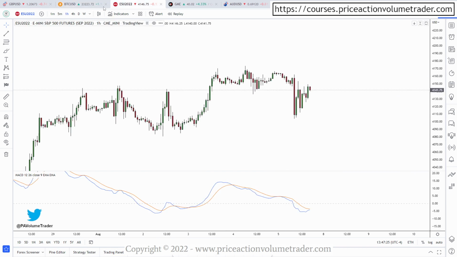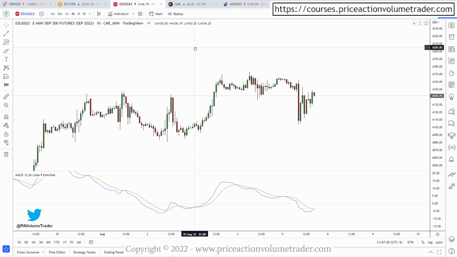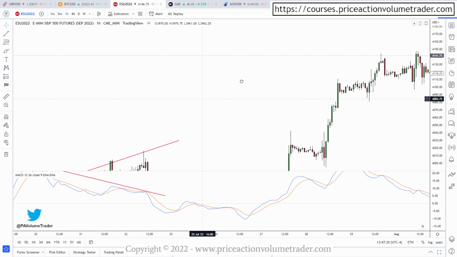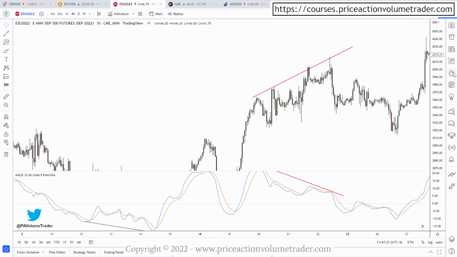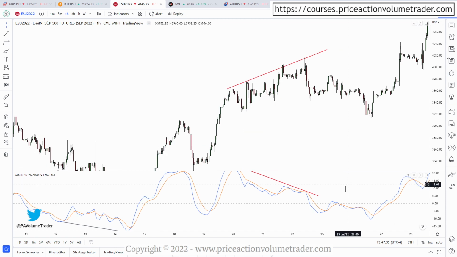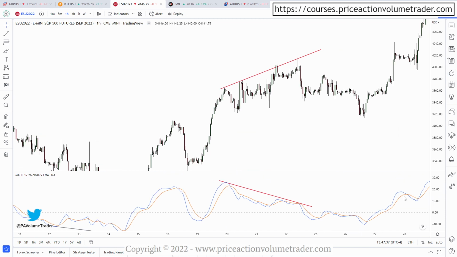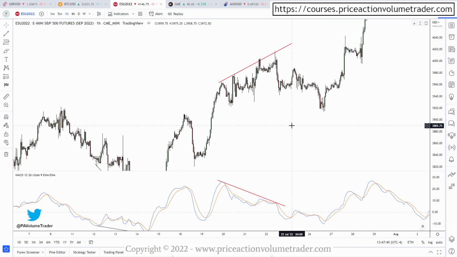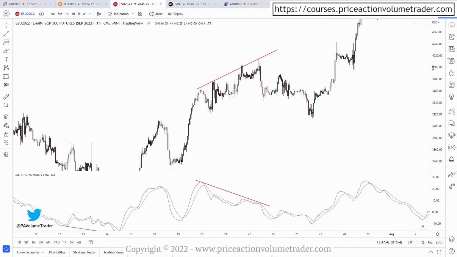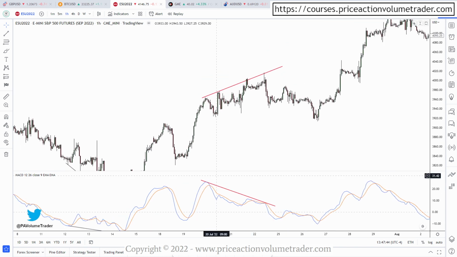Let's go into futures. This is the E-mini SP500 1-hour chart. And so here you can see several examples. And again, I recommend, if you want to learn more about this strategy, just go on to whatever market and time frame you use and start backtesting, going back on your charts and checking it out.